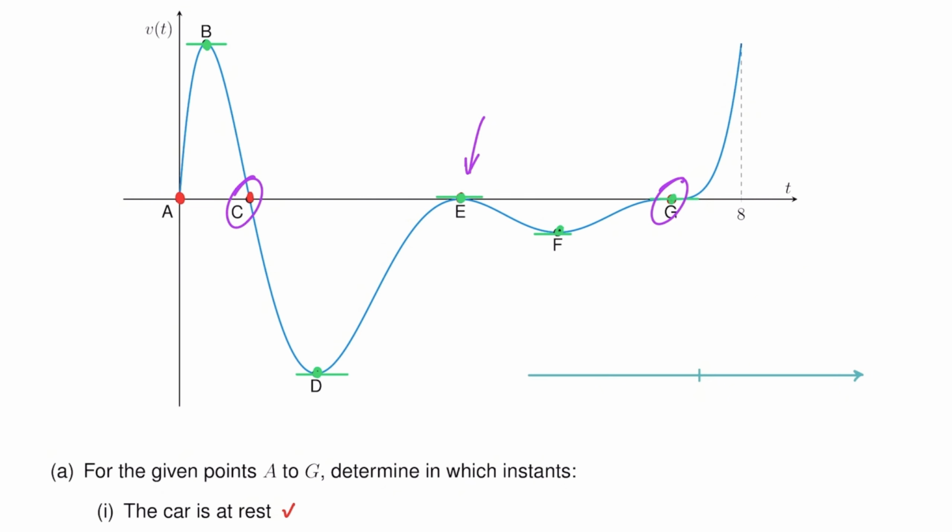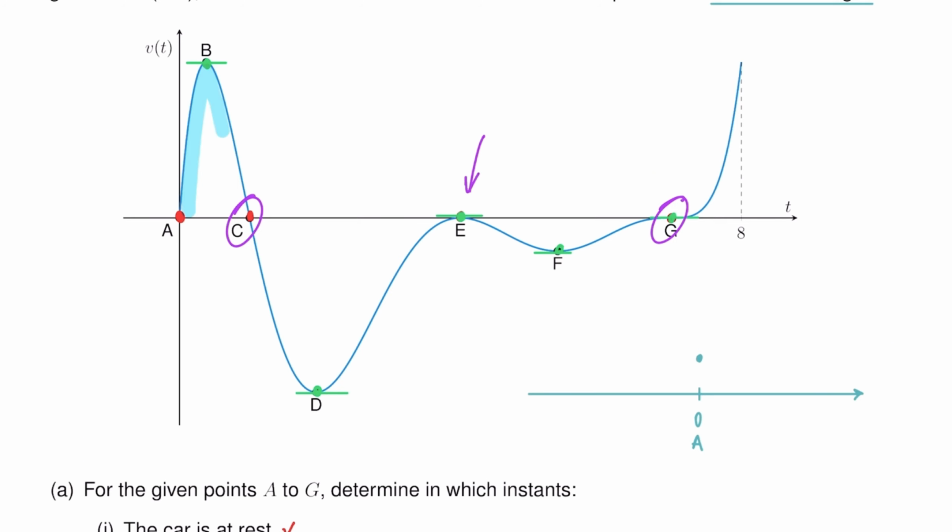Let's suppose that this object starts at the origin, which is exactly the case over here. This is point A, where the car starts to move. As we go from point A to point C, the displacement, which is positive and is the area under this curve, will make the object go to the positive orientation of this axis.